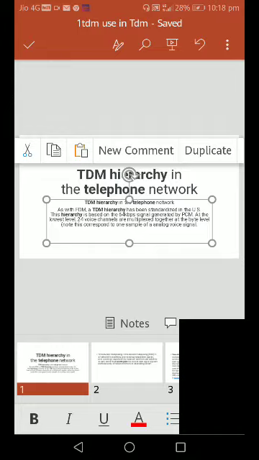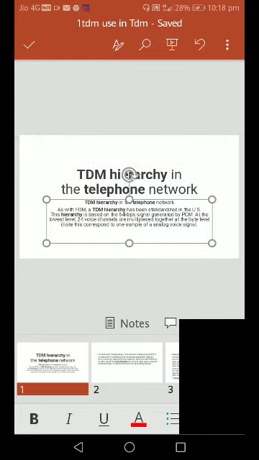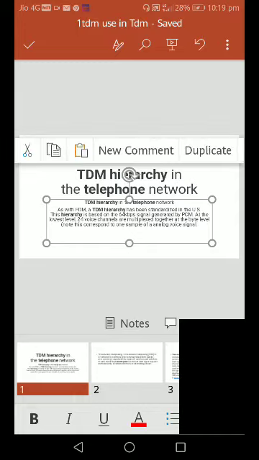Then at the lowest level, 24 voice channels are multiplexed together at the byte level. Note this corresponds to one sample of the analog voice signals.